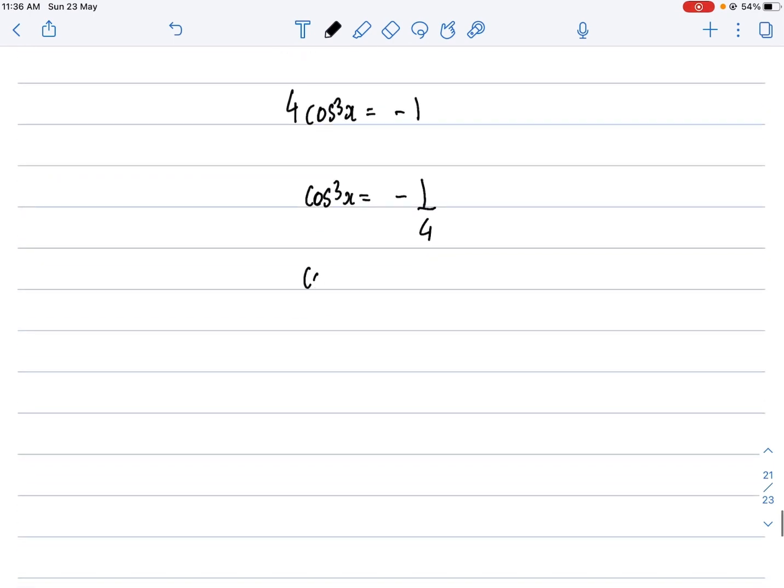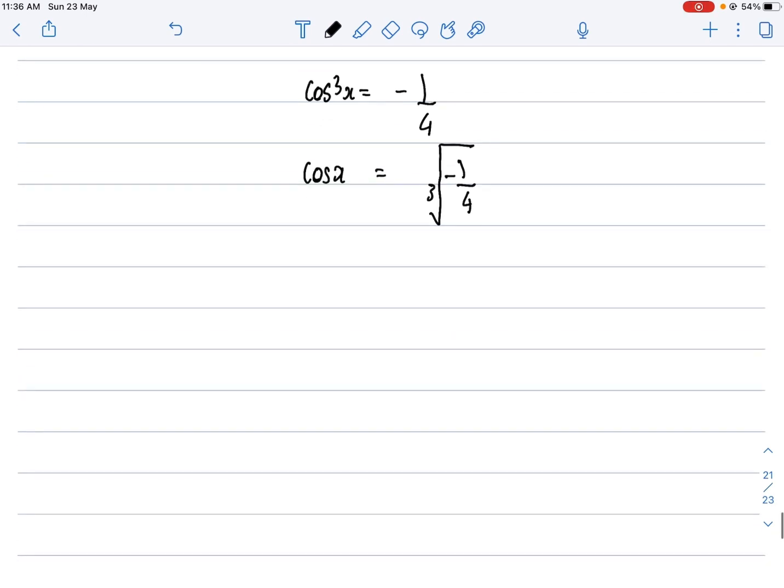Now this can basically be written as cos x equals the cube root of minus 1 by 4. I can solve this on the calculator to get my answer as minus 0.6299.